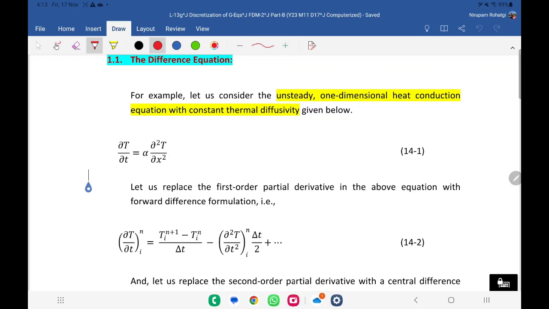Now we are moving on to the next stage where we are discretizing the whole equation. Okay, so now for the example we take up this equation, which is an unsteady one-dimensional heat conduction equation with constant thermal diffusivity.